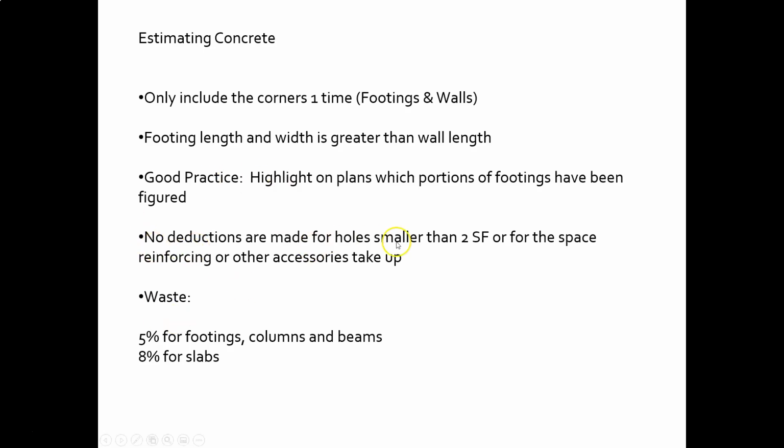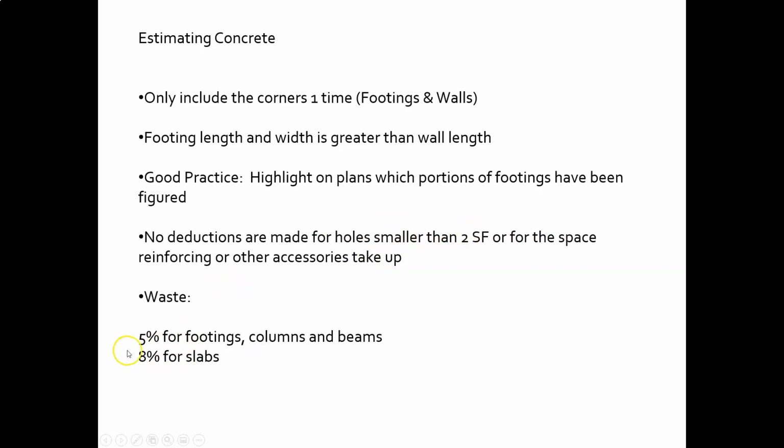No deductions are made for holes smaller than 2 square feet or for the space reinforcing and other accessories take up. So if there's rebar, it's less concrete, obviously, but you don't calculate that, is what that says. Holes would be if utilities were running through the foundation, or a small window perhaps. 2 square feet is very small, but I would say utilities entering the basement somewhere, for instance, you would not bother taking that out.